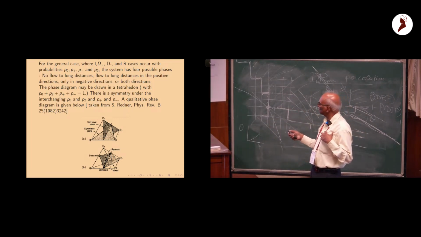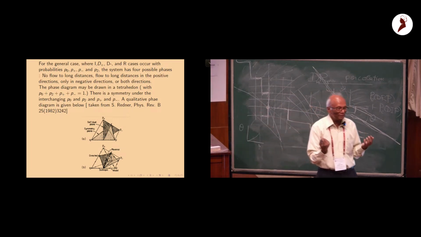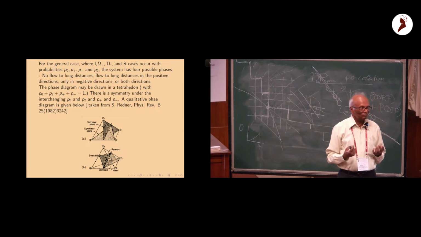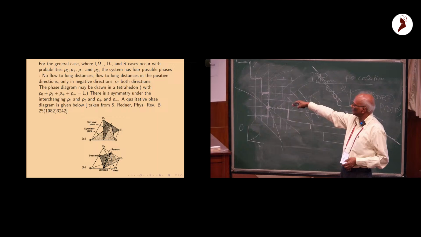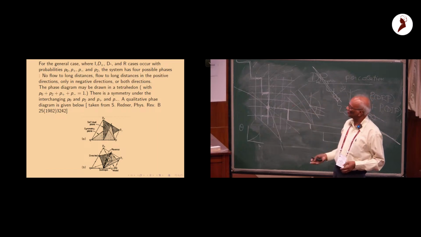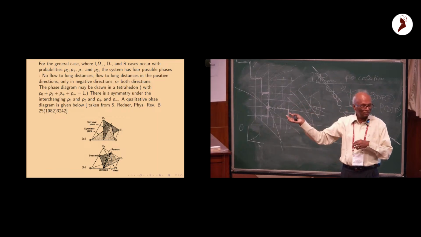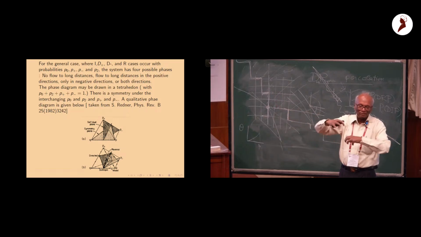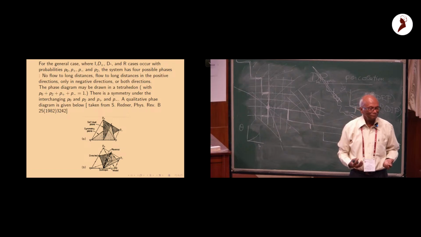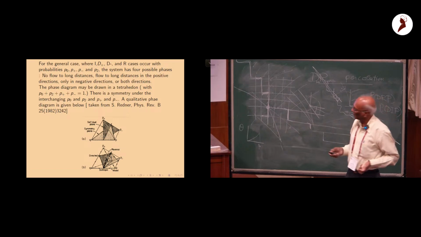Similarly, the region around the right will be all conducting, because there are too many resistors, a few holes don't matter. So on the left it is insulating, on the right it is fully conducting, on the top it is only flow in the positive direction, on the bottom it is only flow in the negative direction, and then these boundaries have to join in some funny way that you have to figure out.